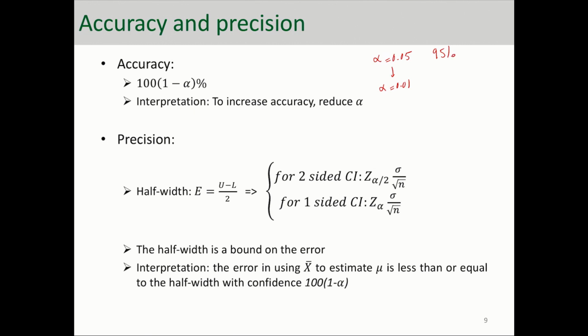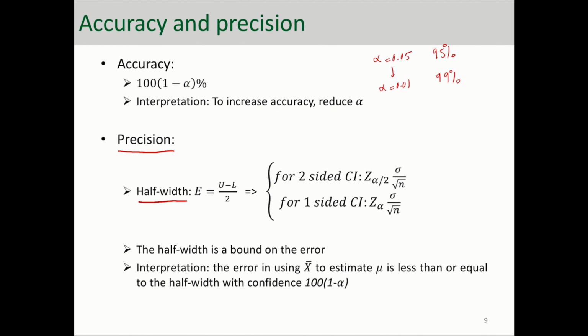Basically, you're going from 95% confidence interval to 99% confidence interval. It has a smaller alpha, which means the probability of type 1 error is smaller. You're increasing the accuracy.